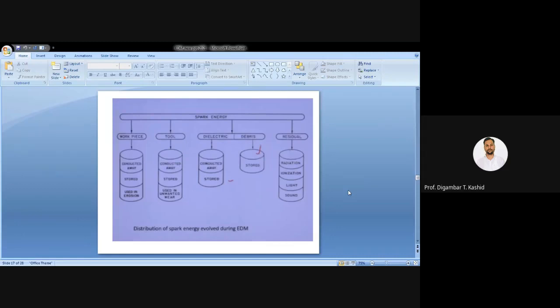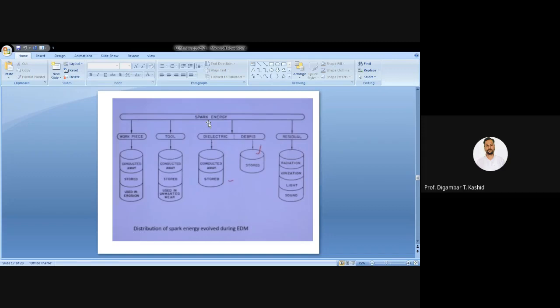It may be stored inside the capacitor, and it may be used in the erosion process. You can see conducted away, stored, and used for erosion. When the spark is generated, heat is distributed like this.